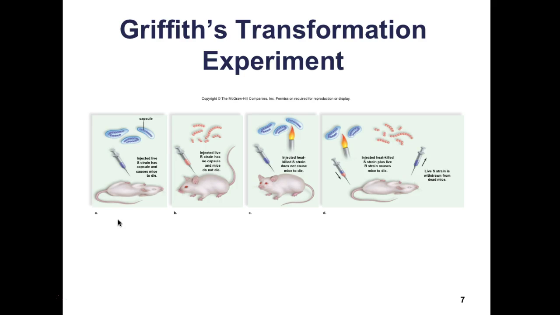Ultimately, one would suspect that the mouse should live because you heat shocked the pathogenic, or disease-causing, strain and mixed it with the live non-pathogenic strain. But what ended up happening is the mouse died. So there was some sort of transformation, where there was a passing of genetic information from the pathogenic strain to the non-pathogenic strain that was alive, that eventually led to the mouse's death.